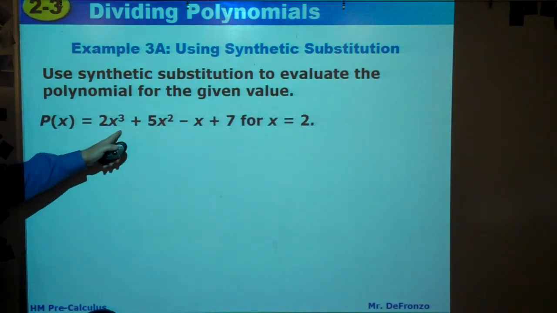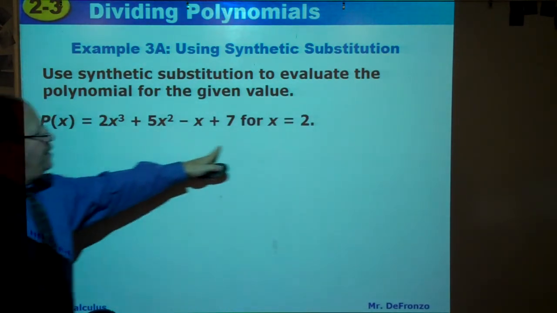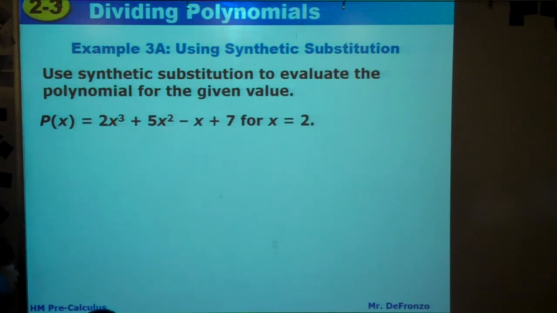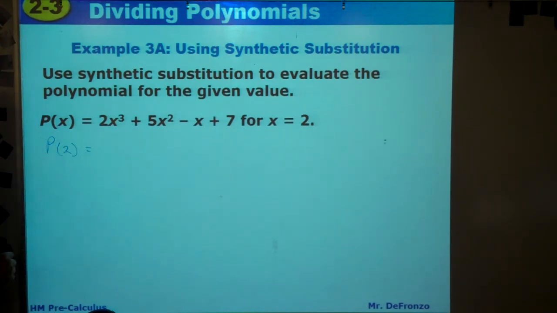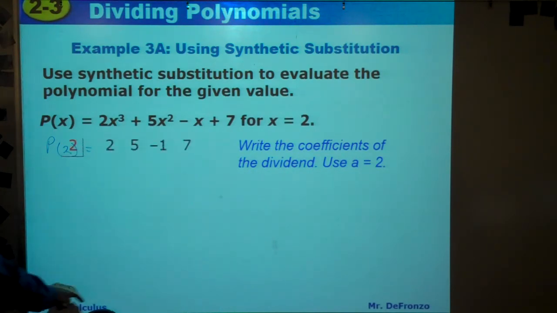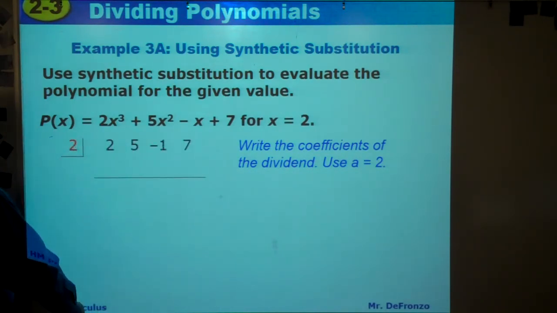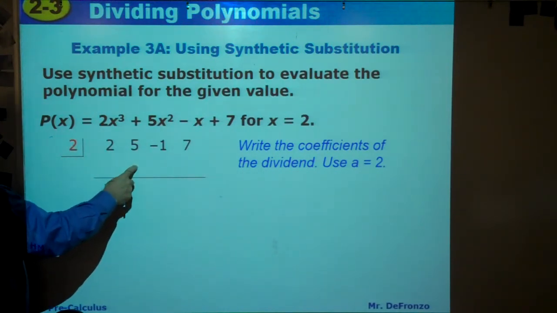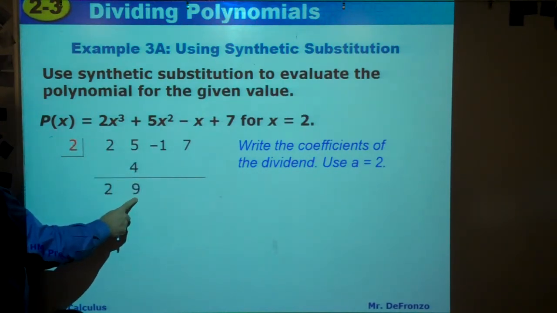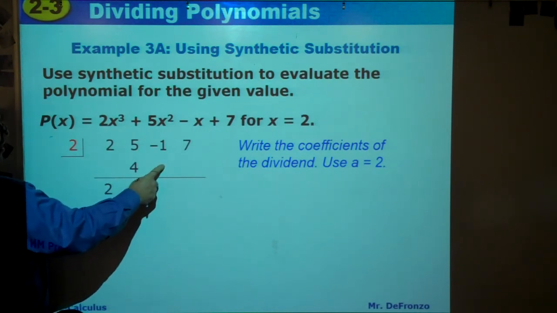p of x equals all of this. Evaluate it for x equals 2. So we want to see what p of 2 is. That's what that's saying. So we write it, set it up in synthetic division, bring the 2 down. 2 times 2 is 4. Combine is 9. 2 times 9 is 18.